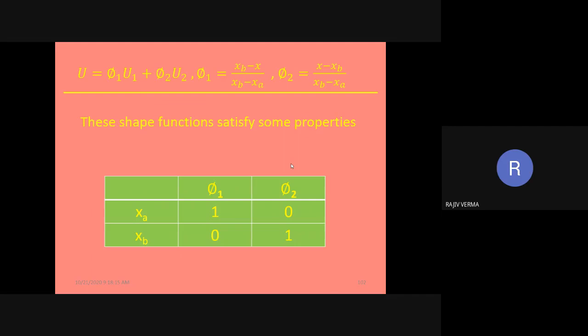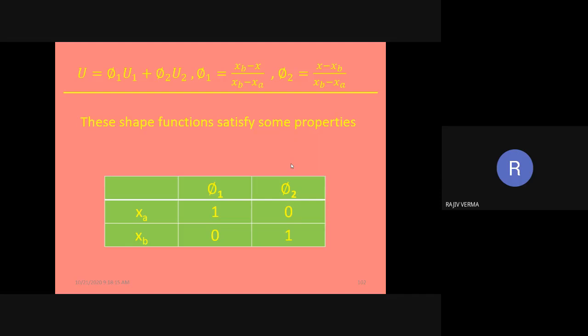The shape function number 1, which is associated with node 1 located at xa, has a value 1 at xa, and shape function number 1 has a value of 0 at the second node, which is located at xb. So you can very well say that shape function number 1 is clubbed with node number 1, and similarly shape function number 2 is clubbed with node number 2.